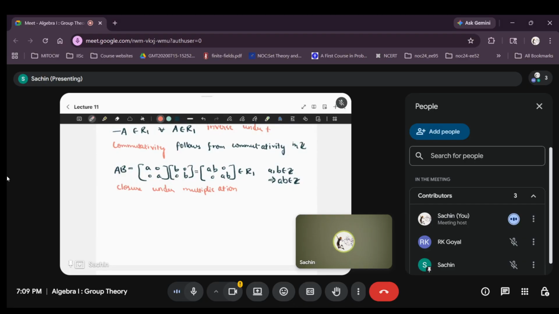Then 1001 belongs to this set because 1 is an integer. That is the identity. And matrix multiplication is associative in general.